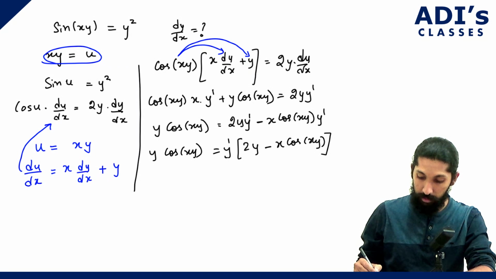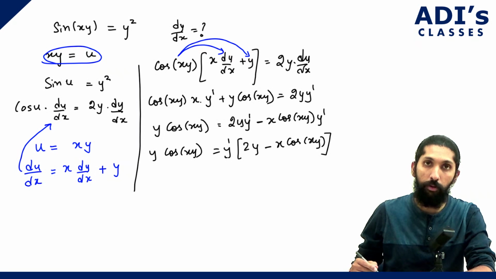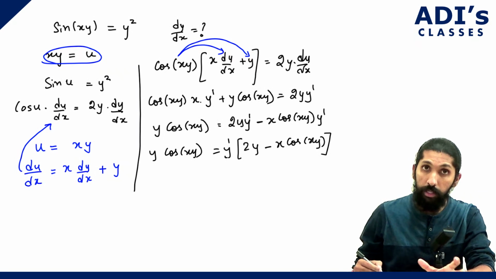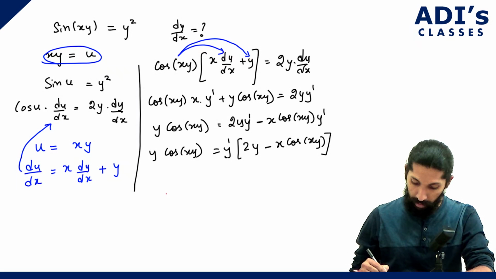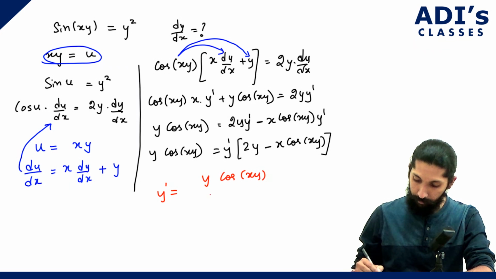Now what we need is y dash, isn't it? So keeping y dash as the subject of formula, that means you're going to isolate y dash. So y dash is equal to y into cos of xy divided by 2y minus x cos of xy.